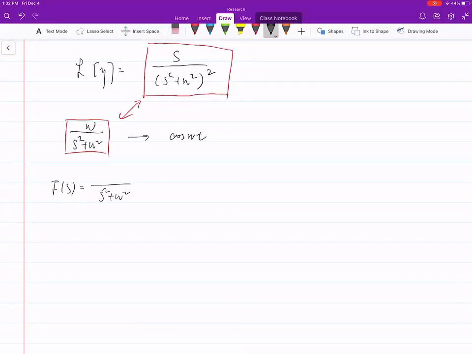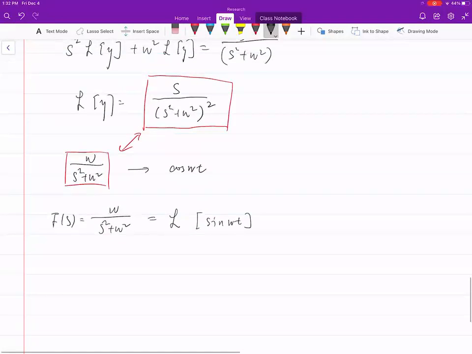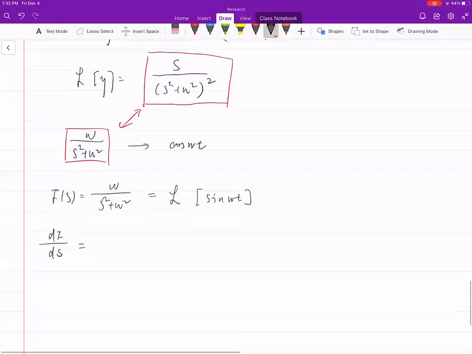So if this one is going to be that, which is L sine omega t, okay. What happens if you take the derivative of f with respect to s?